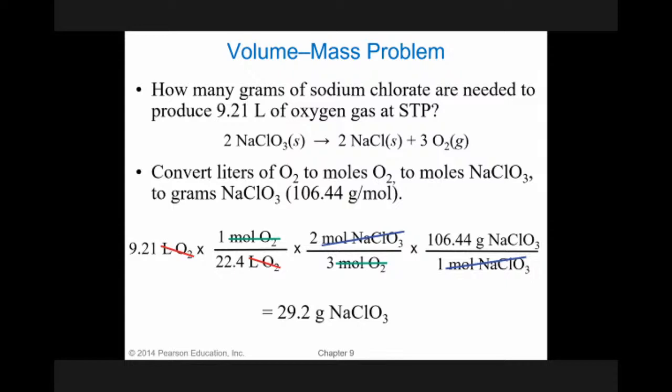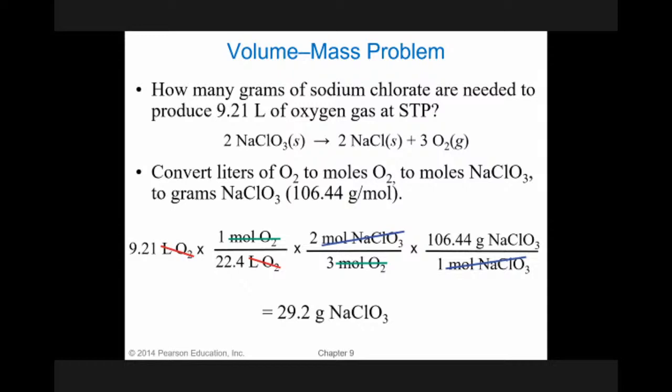So the ratio is going to be, you put a box over sodium chlorate, the question says how many grams, so you put X gram in that box. You go to the oxygen, you put 9.21 liter in that box over the oxygen. So now your ratio will be between sodium chlorate and the oxygen, not the sodium chloride. So sodium chloride is there, but the problem is not calling for that.